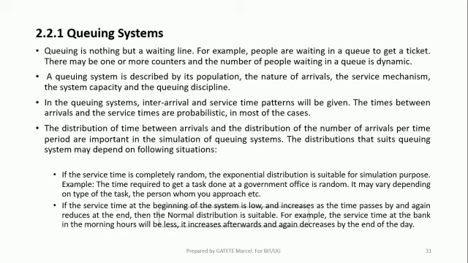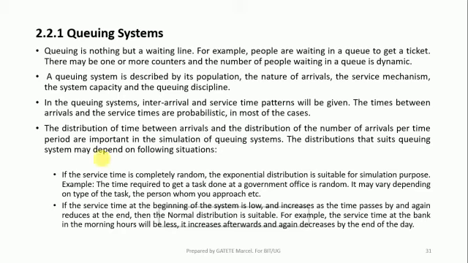The distribution that fits a queuing system may depend on the situation. We can have different queuing systems with different kinds of features, so we are going to use a distribution according to the queuing system that we have.